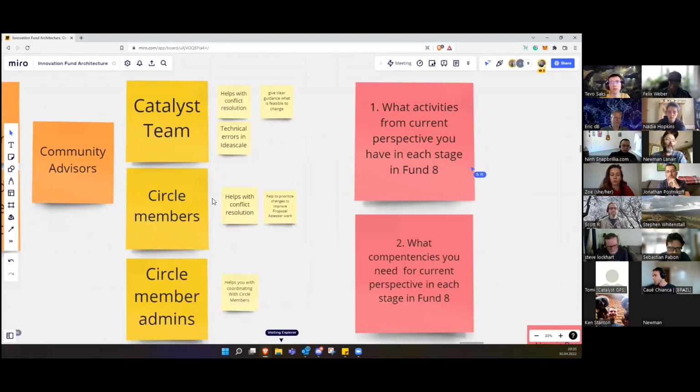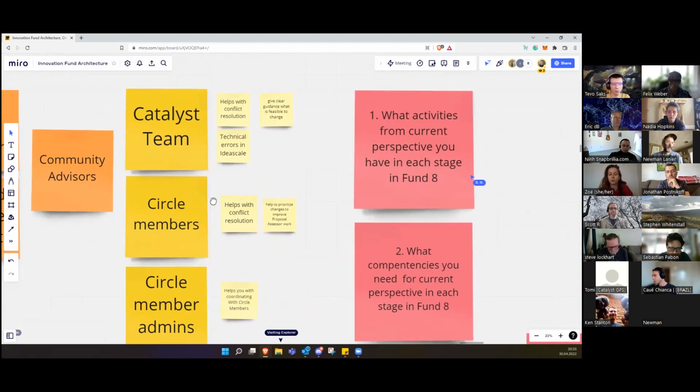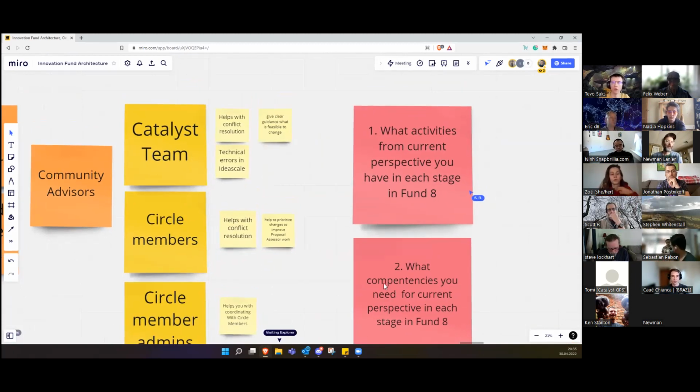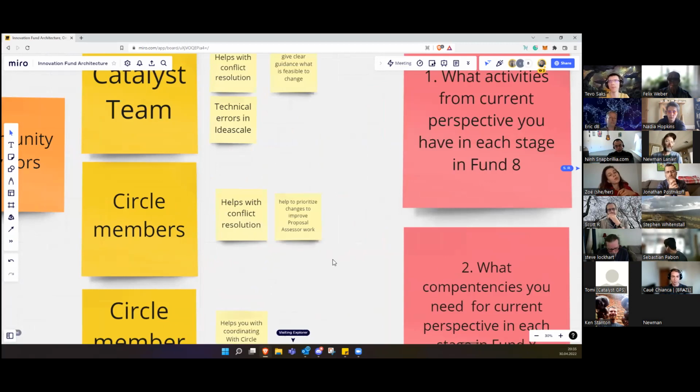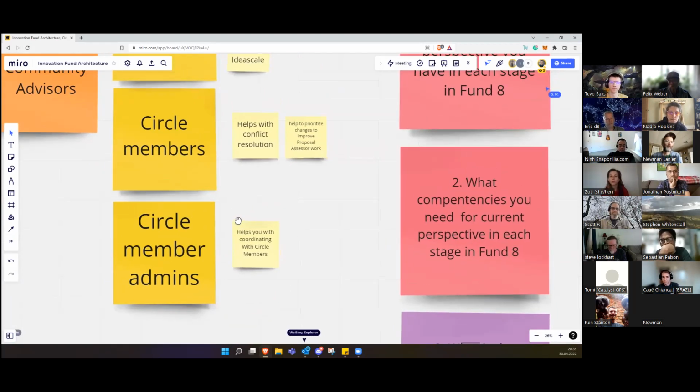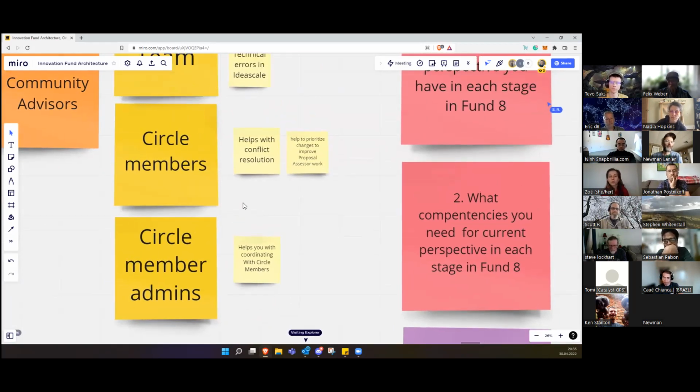Going back to the circle members, how could circle members help proposer assessors? Are there any more ideas other than conflict resolution and helping prioritize their problems and issues? Maybe some input on clarifying difficult topics.